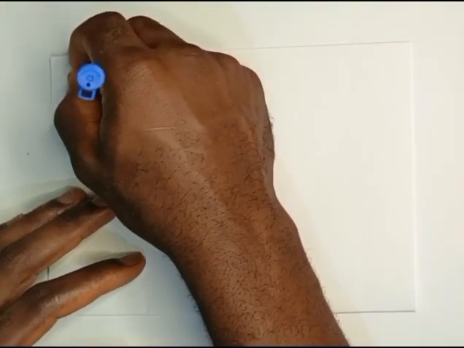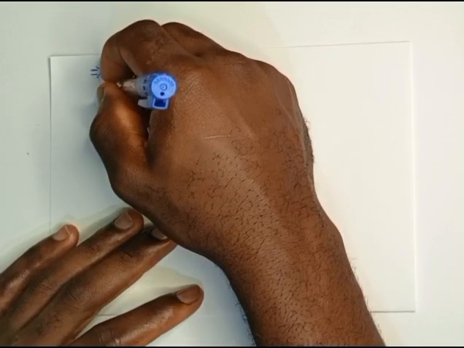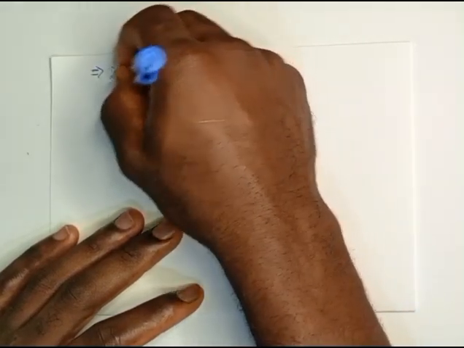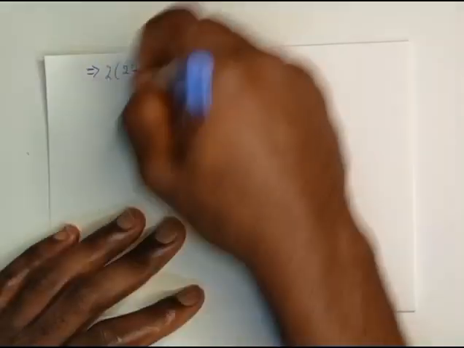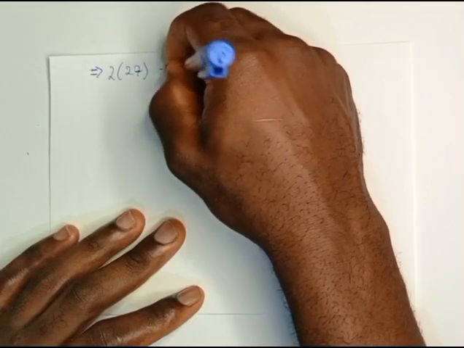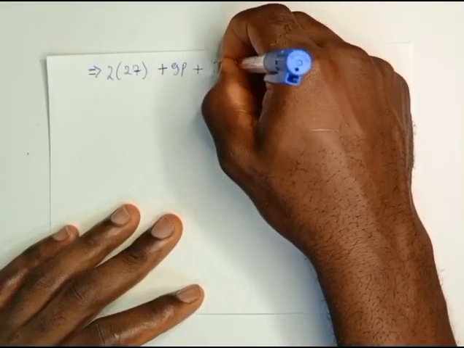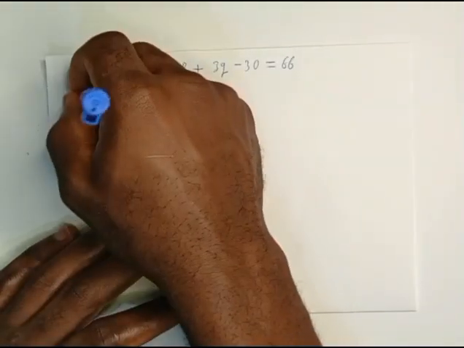Then this will give us 2 times 3 cubed gives us 27, plus 3 squared gives us 9 times p, 9p, plus 3 times q gives us 3q, minus 30 is equal to 66.